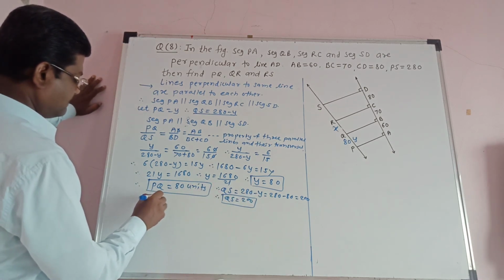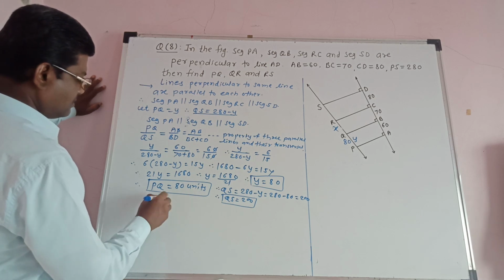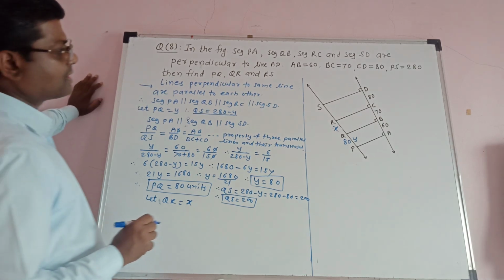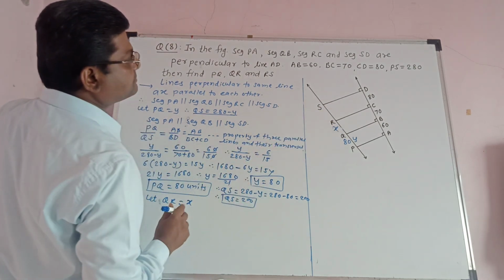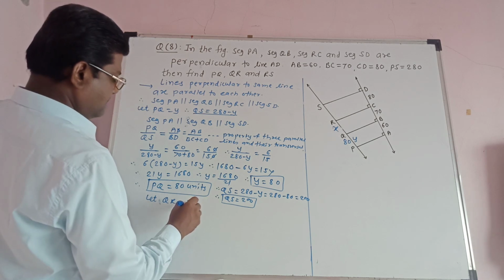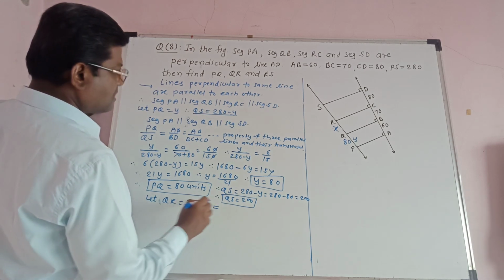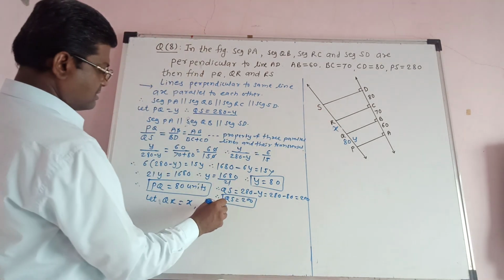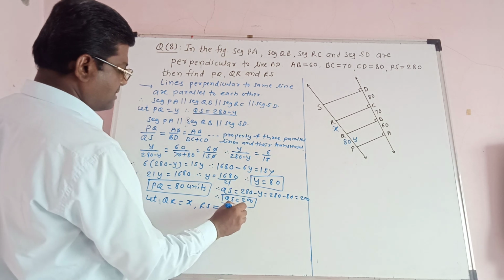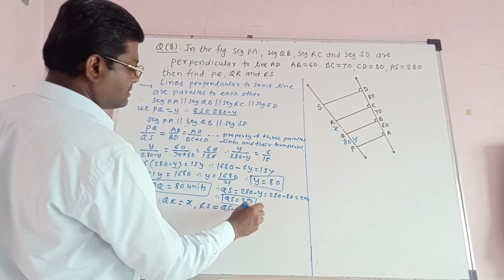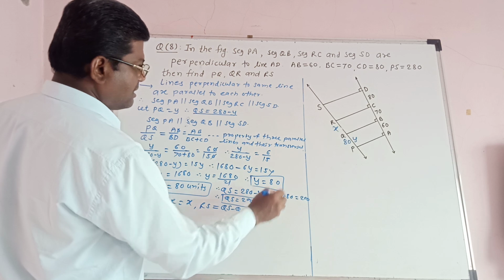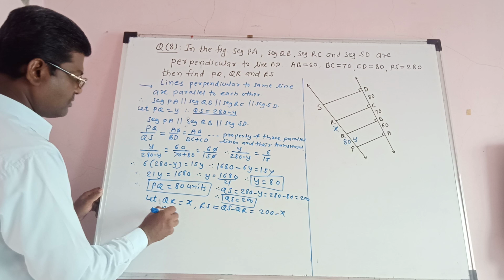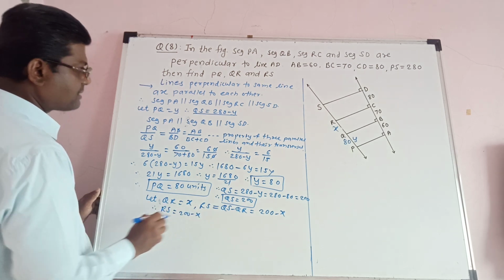Now let QR be equal to x. Therefore RS is equal to QS minus QR, which is 200 minus x.